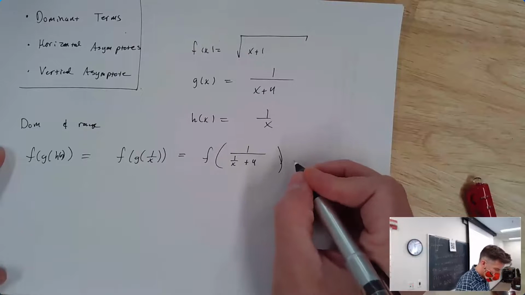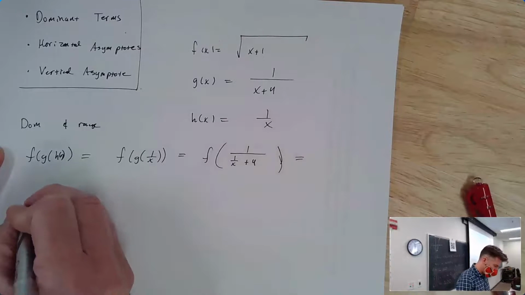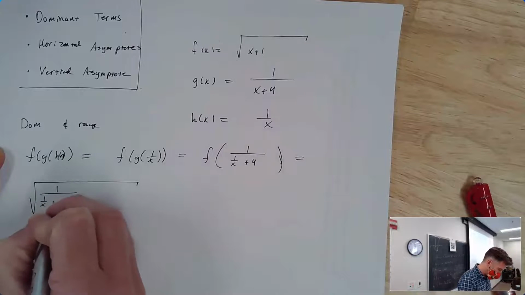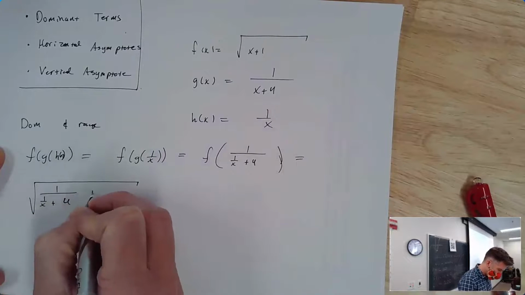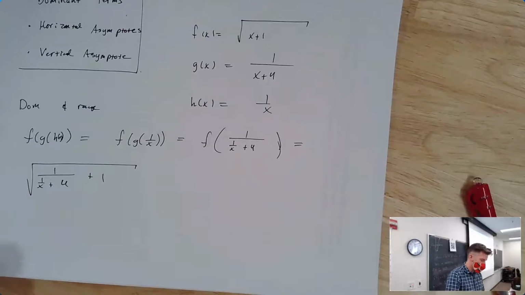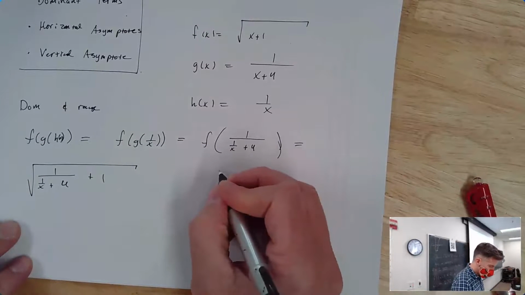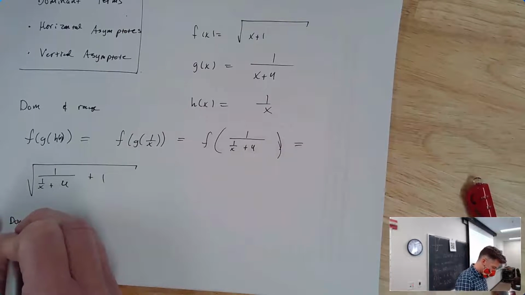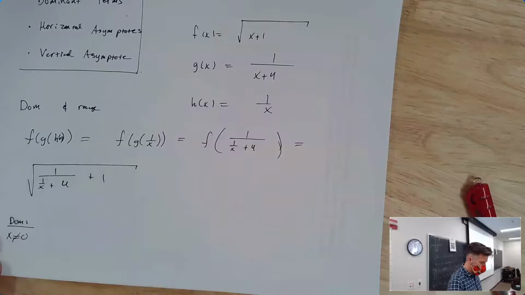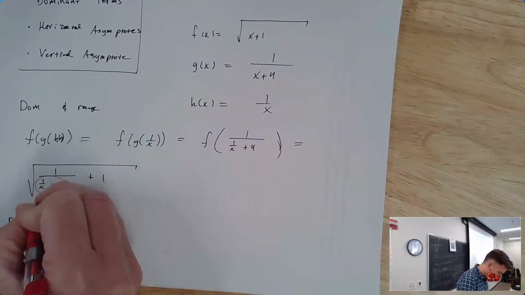And then f of that is going to be the square root of 1 over 1 over x plus 4, plus 1. Oh boy, the doozy. Definitely x can't be 0. We also can see that this denominator shouldn't be 0.